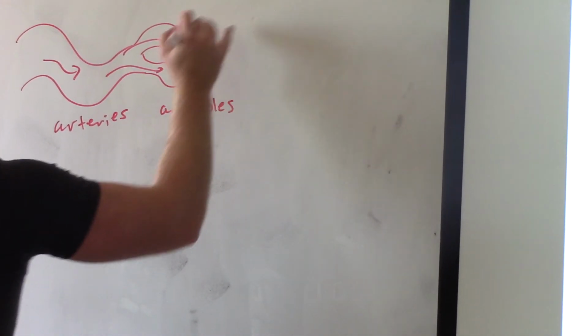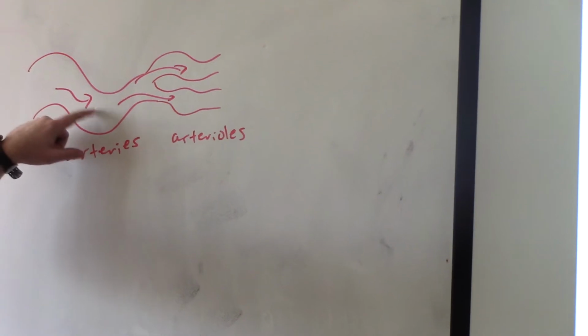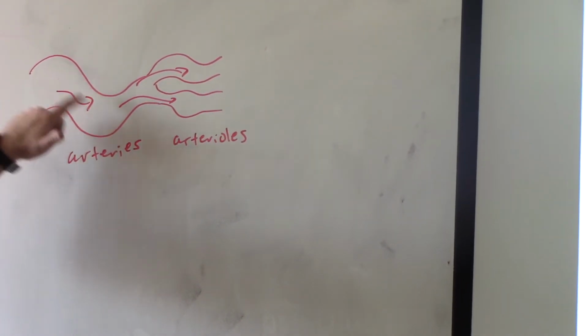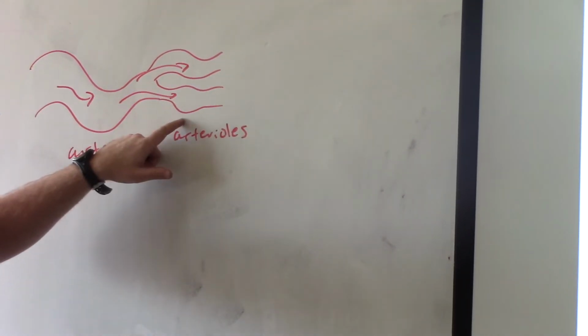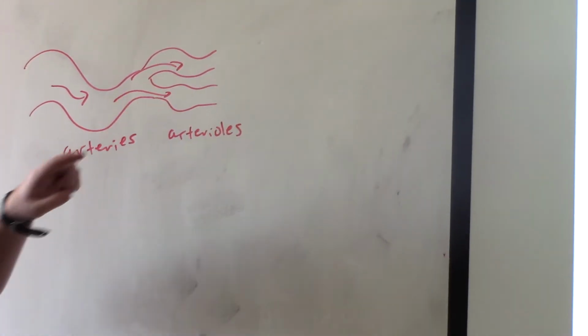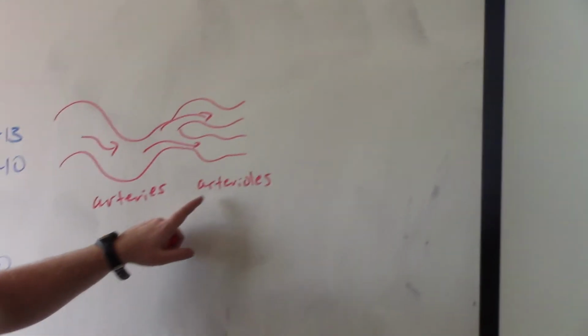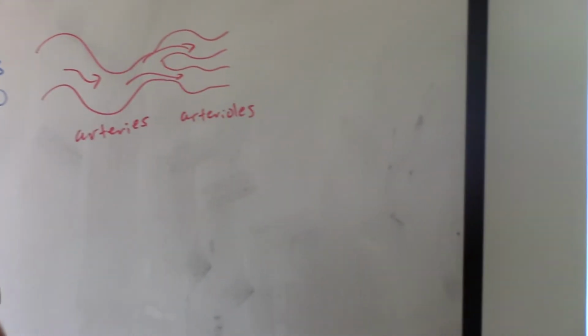So think about this as like the main highways in Calgary. This would be like Crowchild Trail or Stoney Trail. And then these would be like main roads that go into communities. So if I drive into Sunset, for example, Sunset Boulevard would be like a main road in a community. All right. So the arterioles would be like main blood vessels that go to organs.